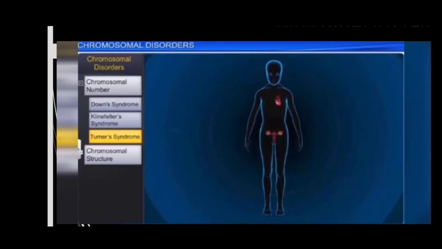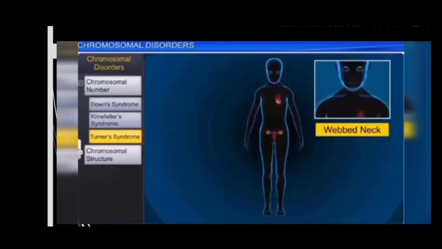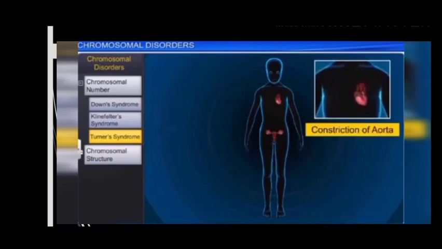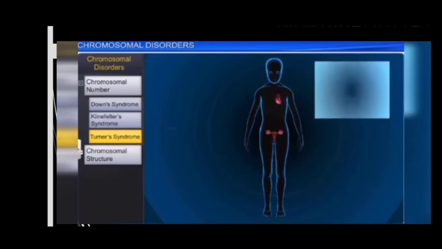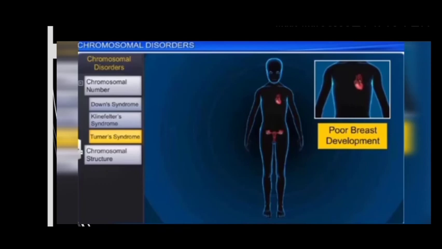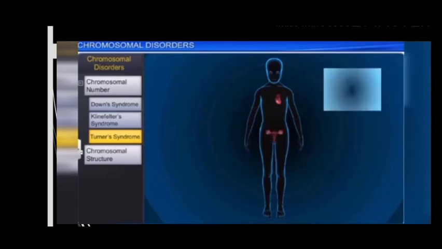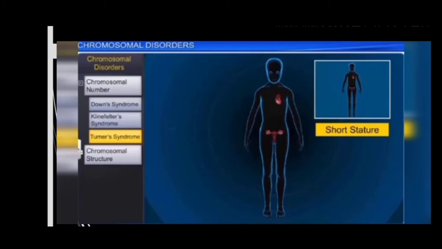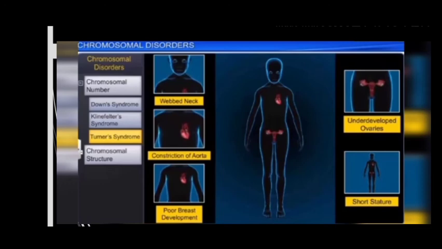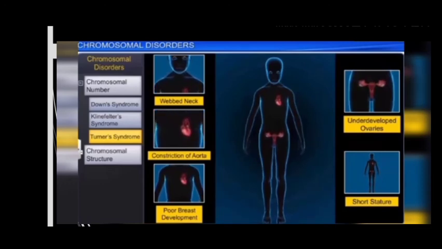Females have symptoms such as webbed neck, constriction of aorta, poor breast development, underdeveloped ovaries, and short stature. Moreover, such females are usually sterile and have health problems like diabetes, hearing and vision problems, and hypothyroidism.